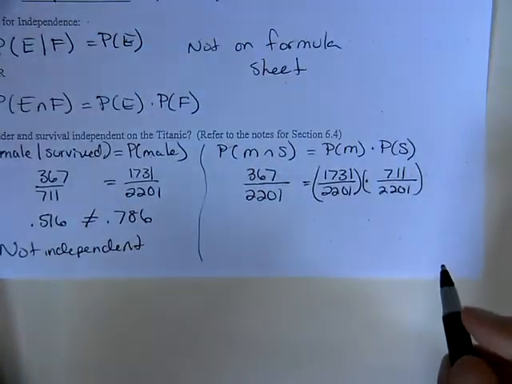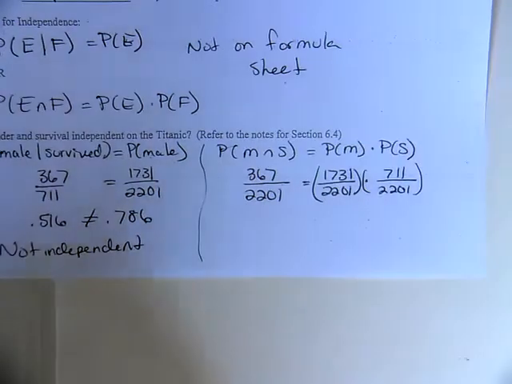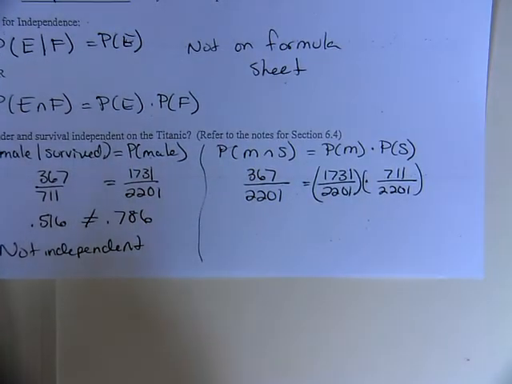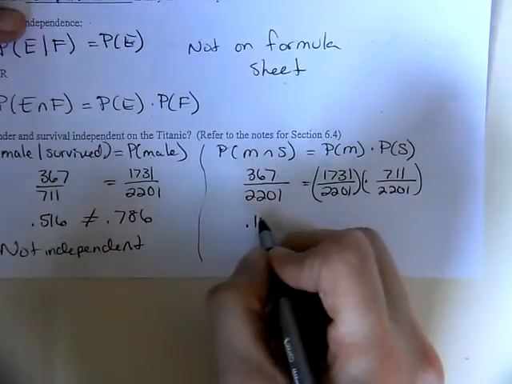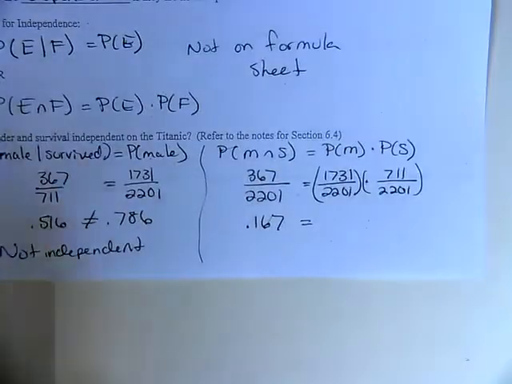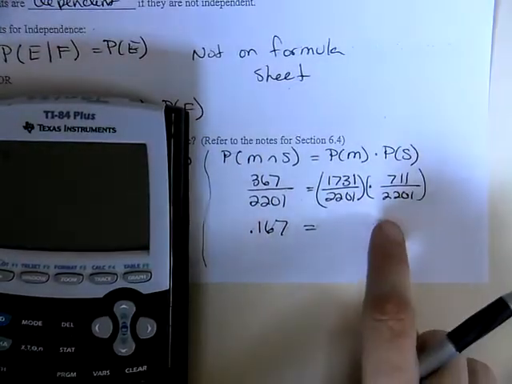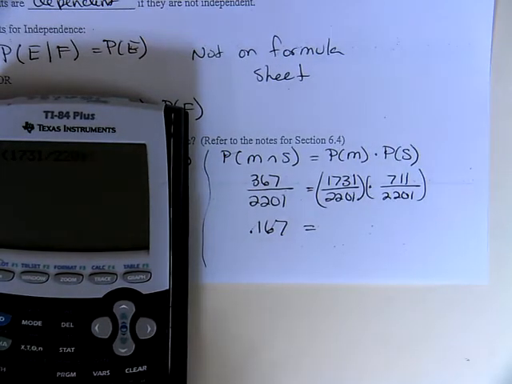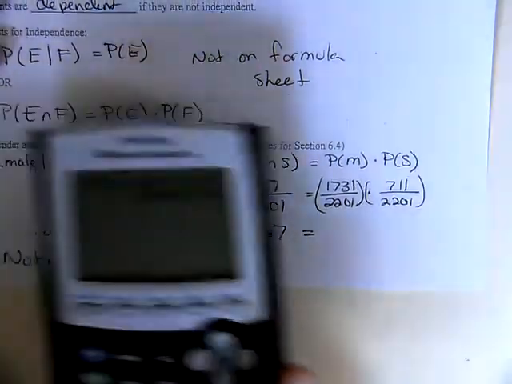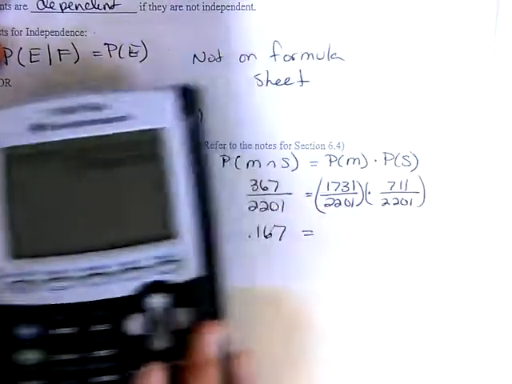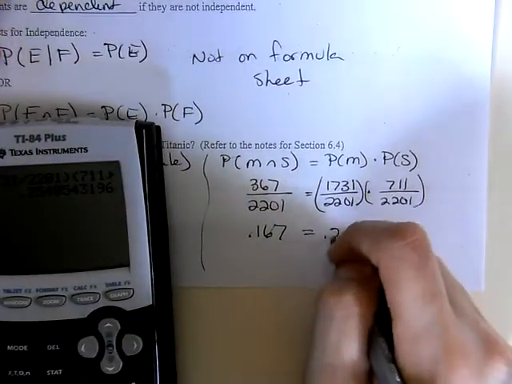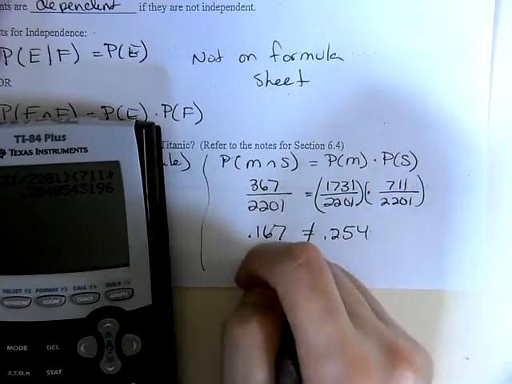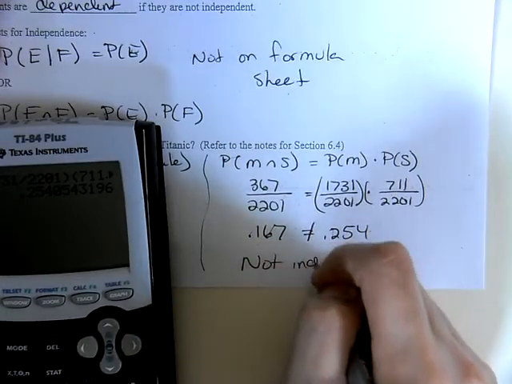But sometimes it depends on the problems ahead of time, which we'll see in a second. So this is 0.167. And then all I'm going to do for the second part, I'm going to use my parentheses. So 1731 over 2201, times 711 over 2201. If you can see that. So 0.254. So again, not equal, so not independent.